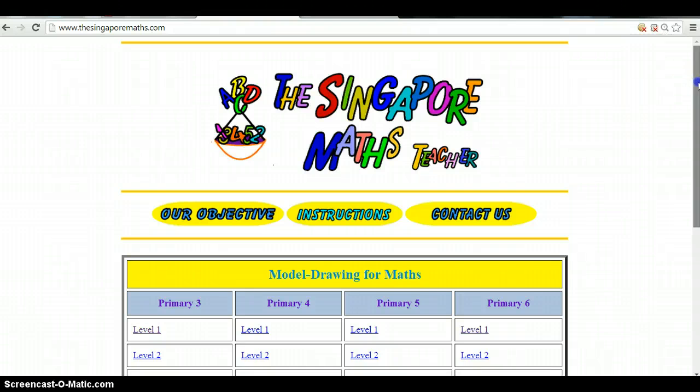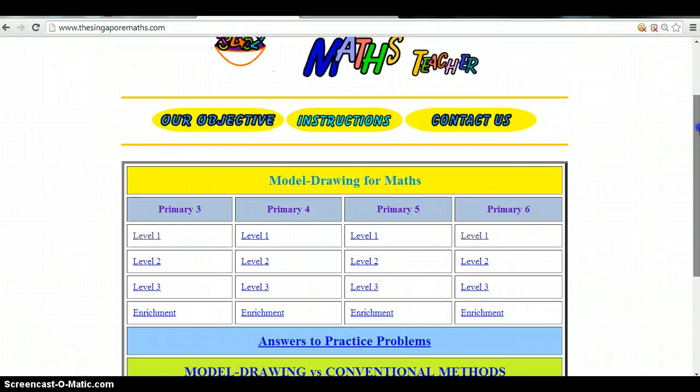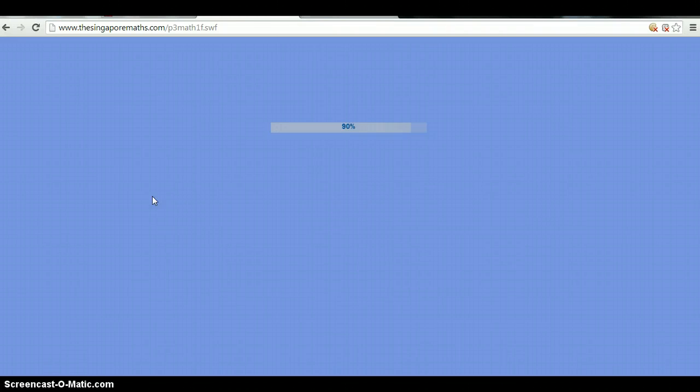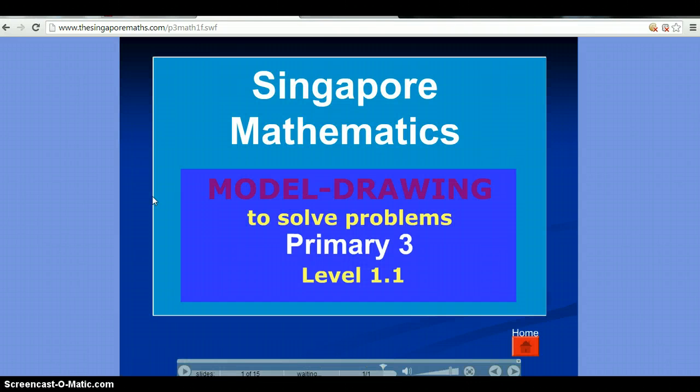There are different levels for different concepts that you would be looking at. For an example right here, this is more focused on adding and subtracting different problems with positive and negative integers.